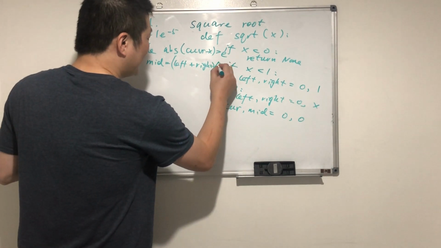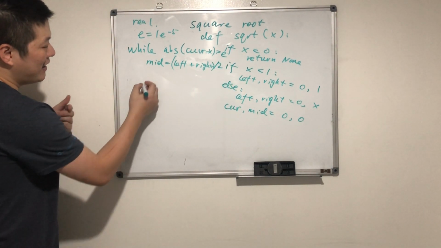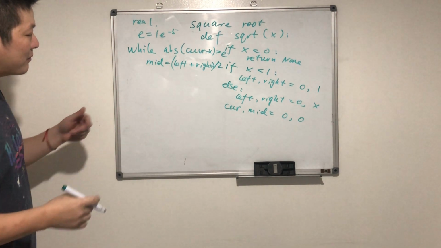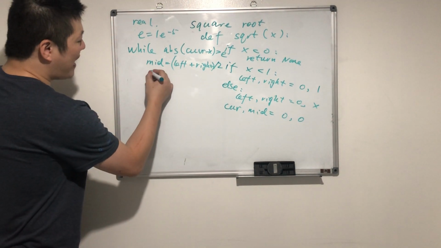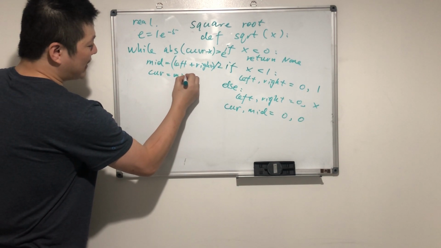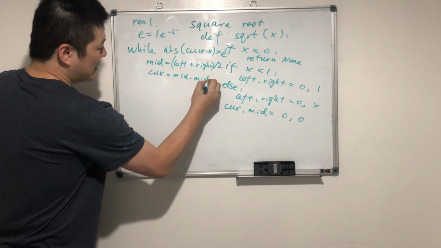That's the middle. And current would be mid times mid. This is the main value we get.